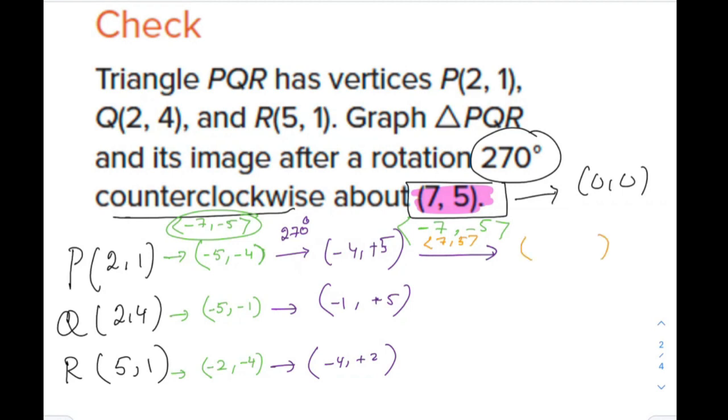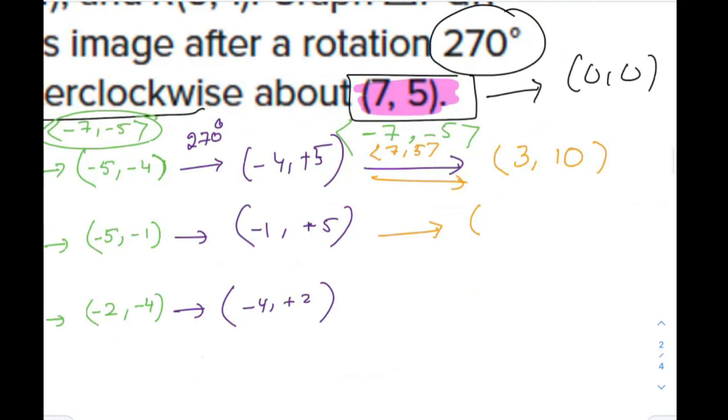So -4 plus 7 is 3, 5 plus 5, 10. -1 plus 7, this is the orange one, which is adding the vector to go back to the original position. -1 plus 7, 6, 5 plus 5, 10. -4 plus 7, 3, and 2 plus 5, 7.